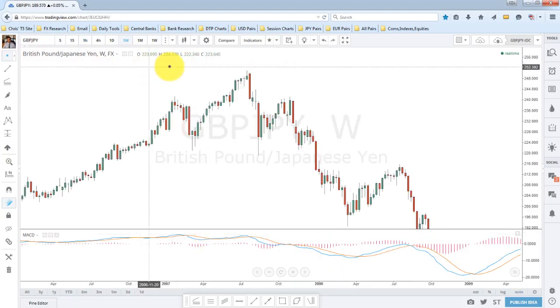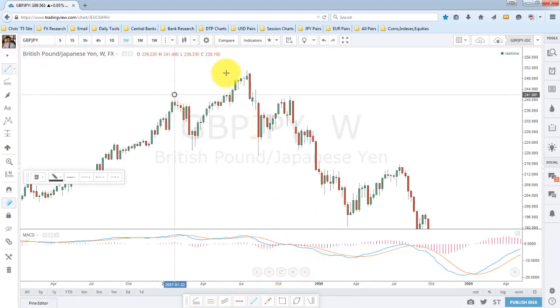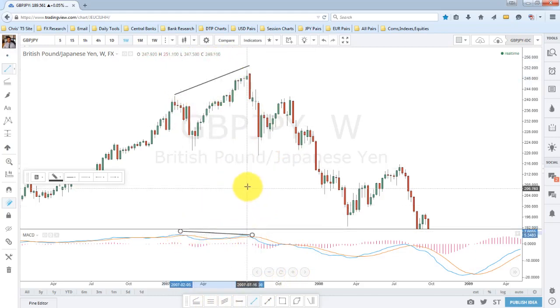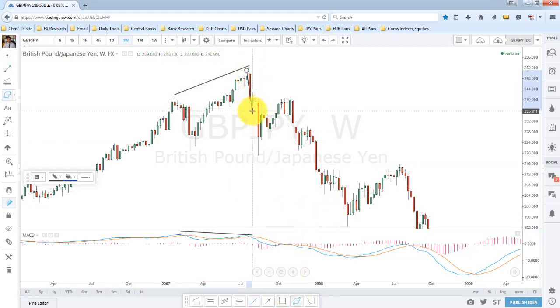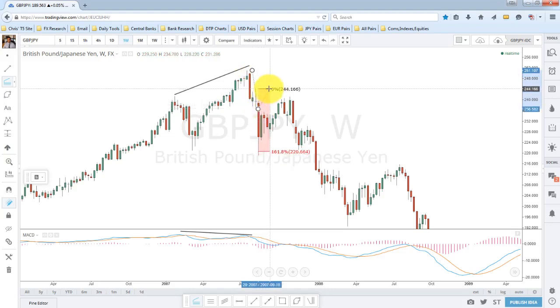Here is a pound yen, and this is a weekly chart. Okay, and this is another example of an extension. Now here you can see we have price moving higher. MACD at this point is cycling lower, so we have a bearish divergence. Now, even though we have the price cycle, the price cycle here corrected probably about 50% and then continued to the downside. If we put the measurement on this from the high to the low to the pullback here, you can see that we extended.